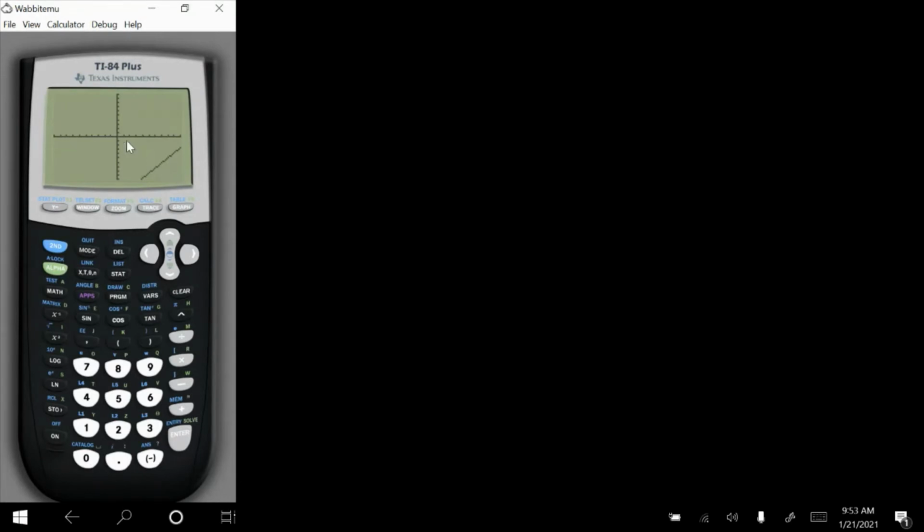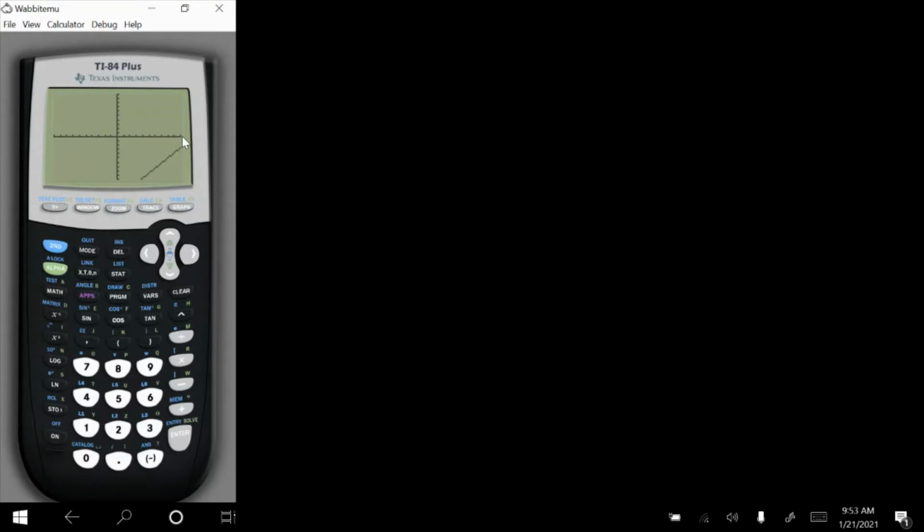And we're seeing some tick marks along the x-axis and the y-axis. And there are some tick marks that have some special terminology. The tick mark that's furthest to the left on the screen, so this tick mark right here, is referred to as x min. That's a value that we can adjust. The tick mark on the opposite side, the very far end of this part of the x-axis, that's the x max tick mark.